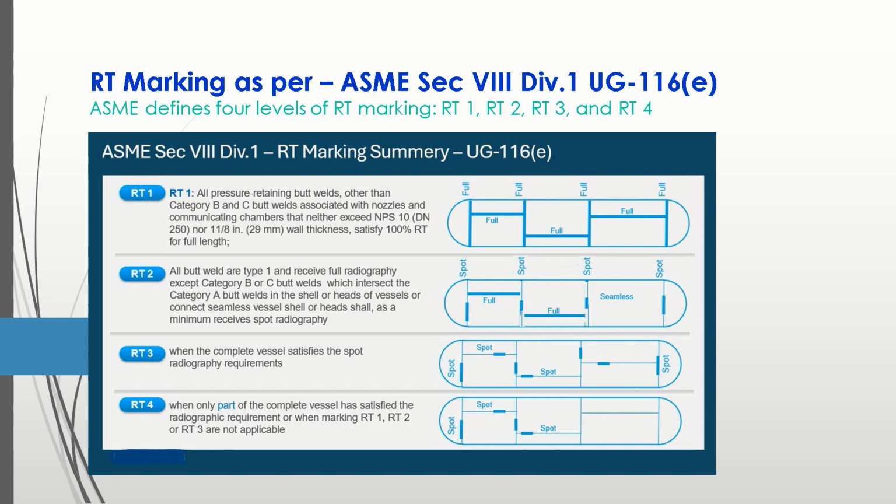If the radiography extent you provided does not fall under RT1, RT2 or RT3, then it will fall into RT4. If no radiography is required, then no marking applies, so it will simply be blank.